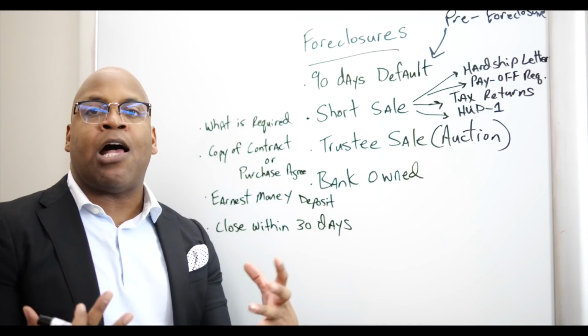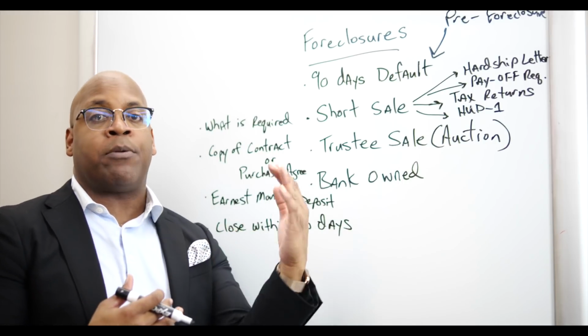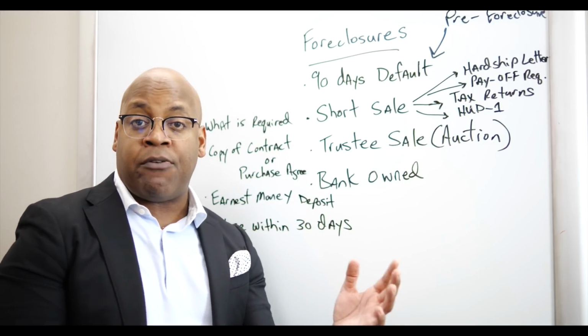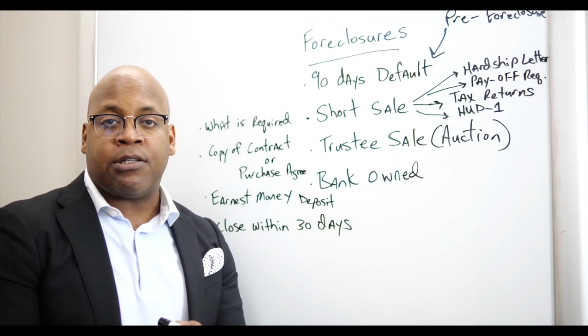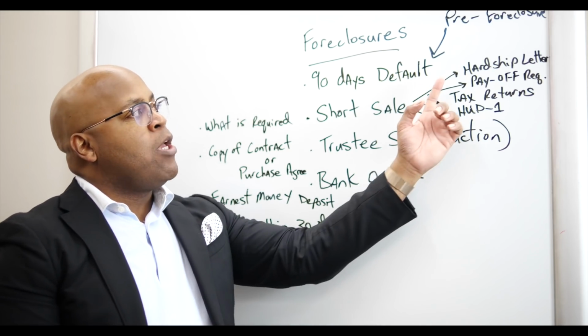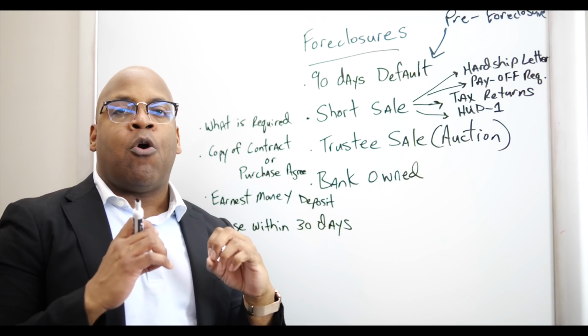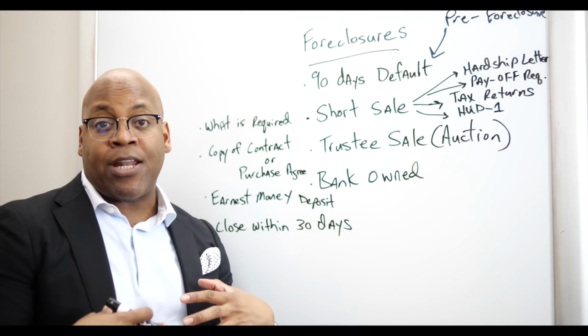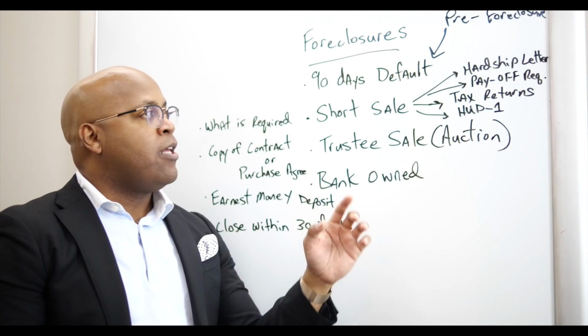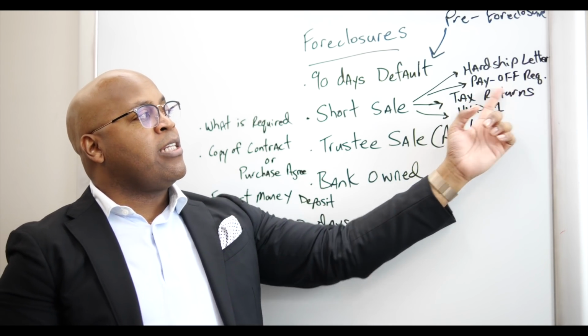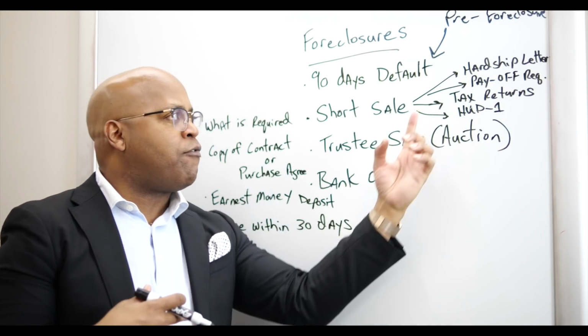Because some people live in households where the breadwinner is one person. That person perished, now you're not able to afford your mortgage payments. So, a hardship letter explaining how you got into the position you're in, which is being behind on your mortgage by 90 days. Then the next thing you're going to need to submit is what is called a payoff request.